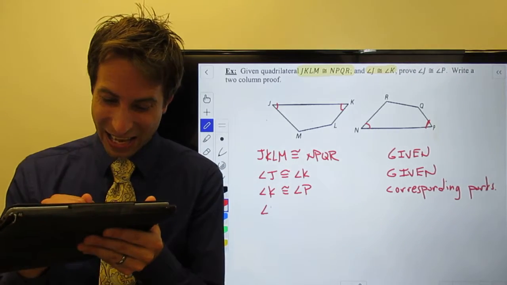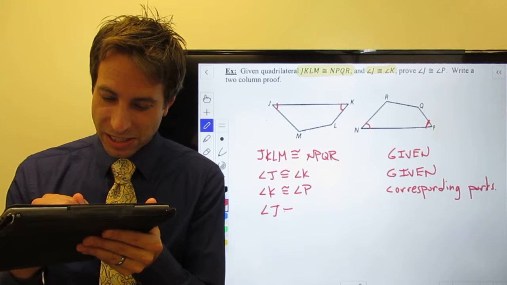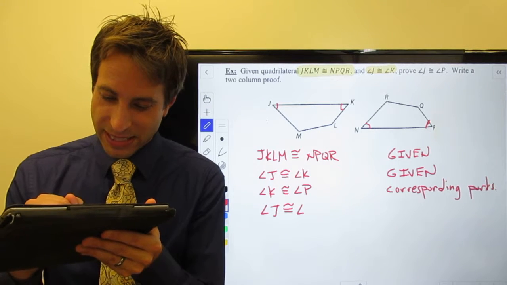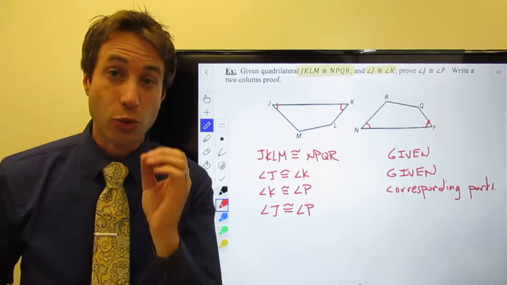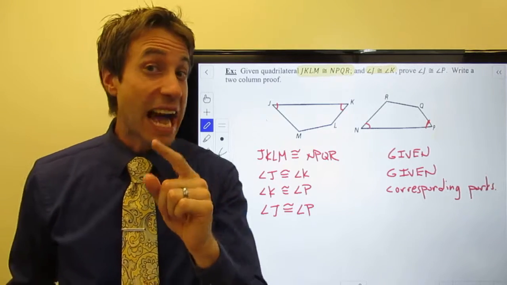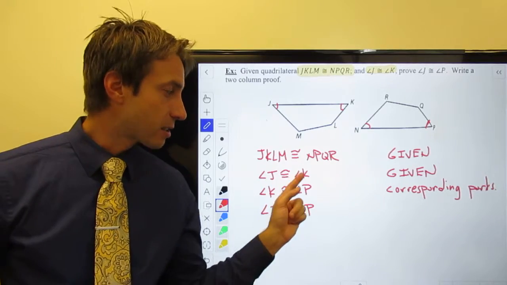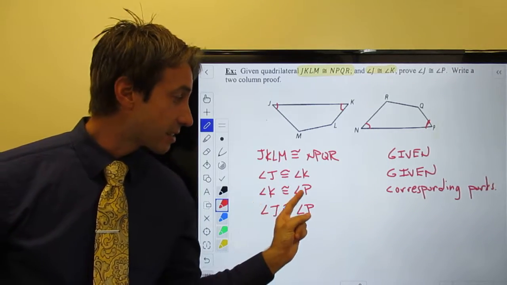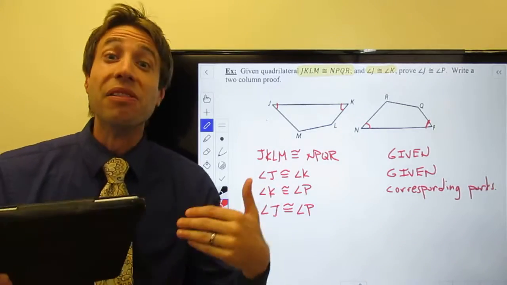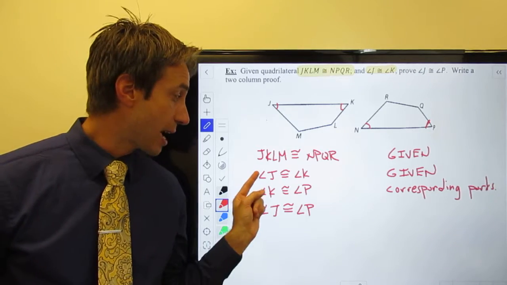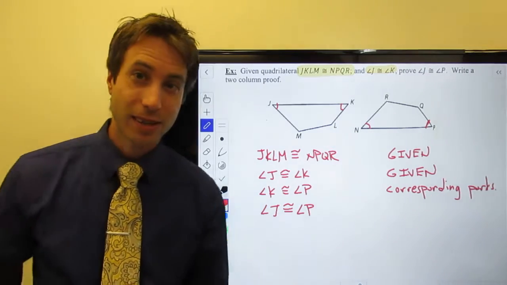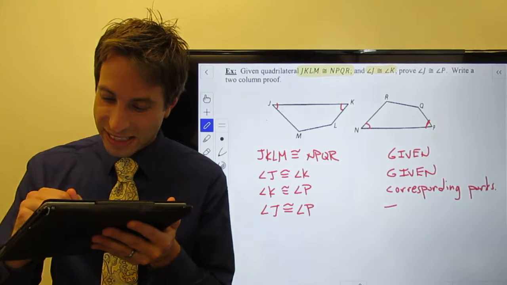Angle J must be congruent to angle P. Do you remember what property that is? It's actually a property from algebra. If J is congruent to K and K is congruent to P, then J is congruent to P. Yeah, that's the transitive property.